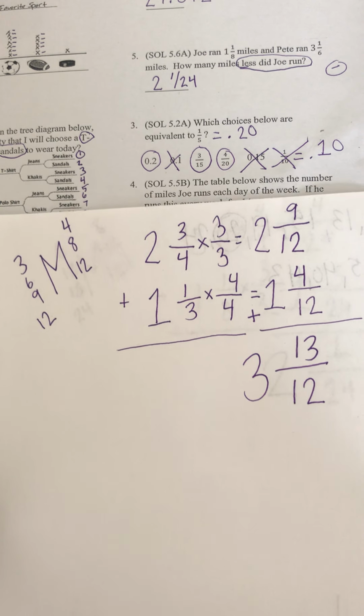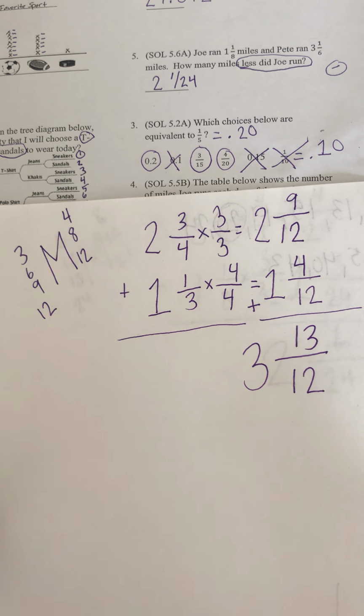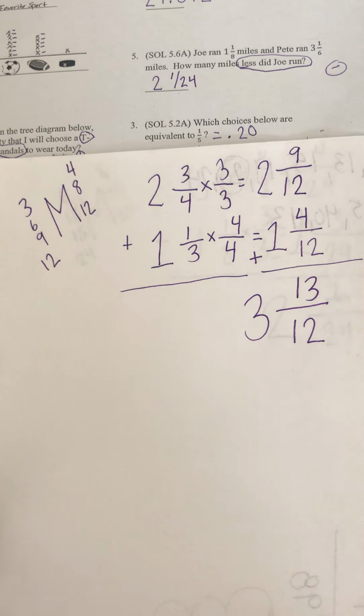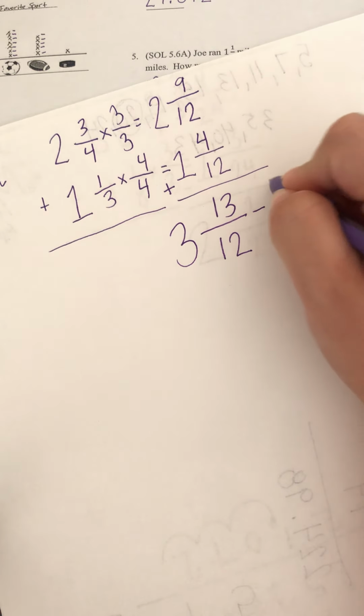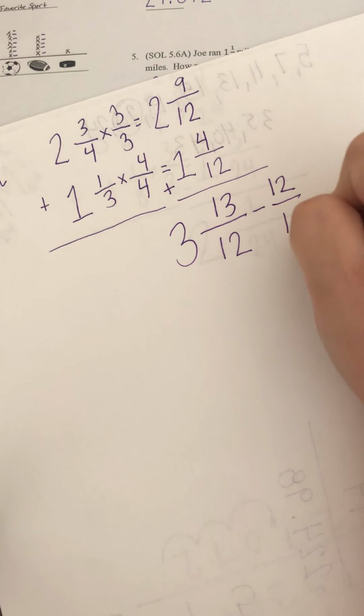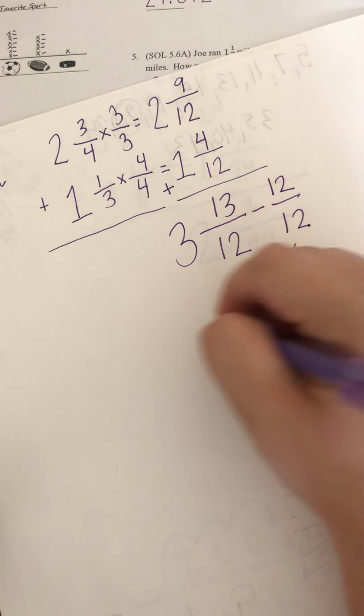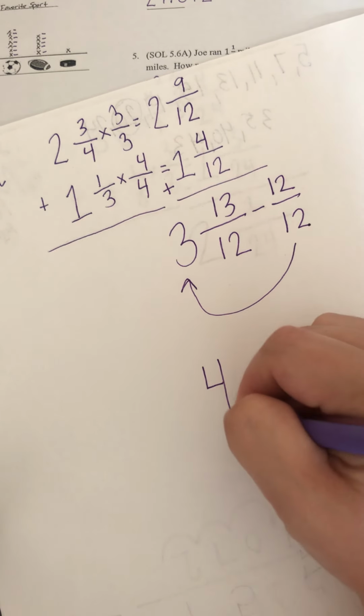Now, you may be noticing that 13/12 is improper. It is 1/12 over a whole. So what I'm going to do is I'm going to, just to show you, take out the whole, which is 12/12. And I'm going to put it with the 3. So that makes it 4.